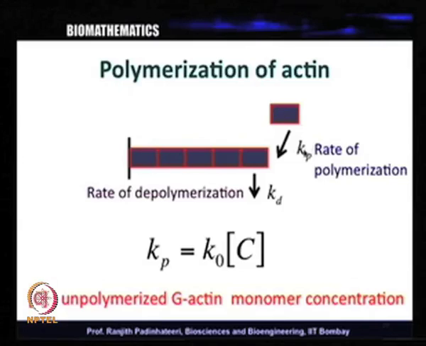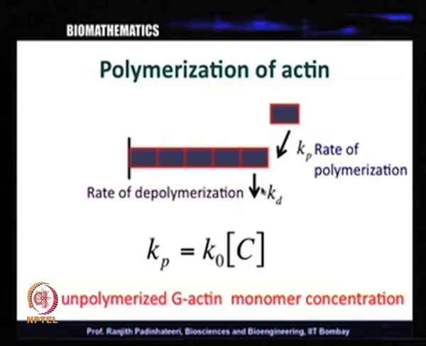So Kp is the rate of polymerization. Kp is typically something per second, let us say 10 per second, 20 per second. What does it mean to say Kp is equal to 10 per second? It means that in 1 second, 10 of these will be added.